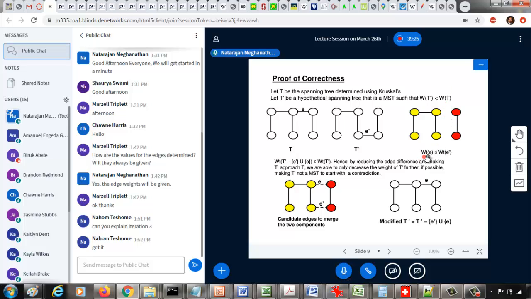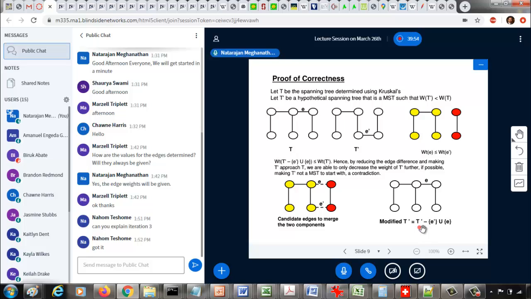So the weight of E will always be less than or equal to the weight of E prime. From the original T prime, we removed E prime and added E. So we removed some larger edge weight and added a smaller edge weight. So the weight of this modified T prime is only going to get less than the weight of T prime. It cannot become more than the weight of T prime.